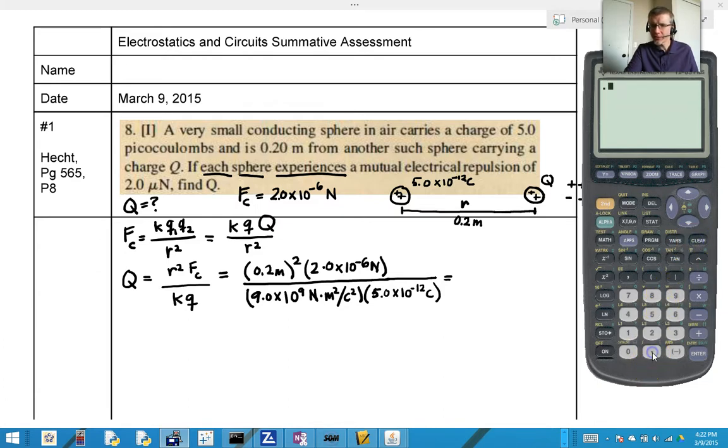All right, so 0.2 meters squared, 0.2 squared times 2 times 10 to the minus 6th. I use the double E notation, exponential. I think it's called engineering exponential notation, but anyway, 2e to the minus 6 divided by 9 times 10 to the ninth, divided by 5 times 10 to the minus 12.